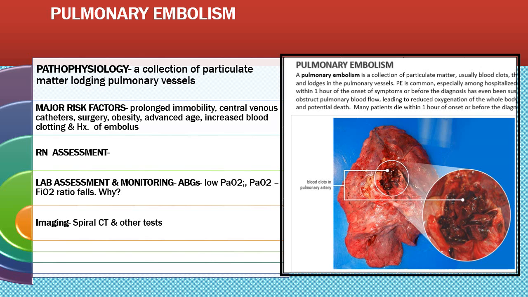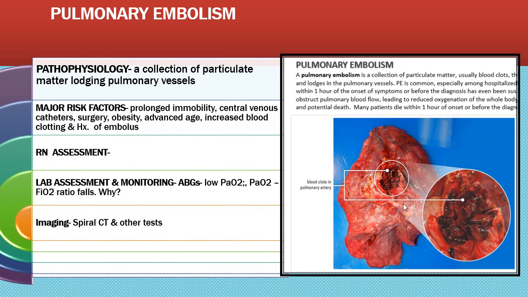A large embolus obstructs pulmonary blood flow, leading to reduced oxygenation of the body, pulmonary tissue hypoxia, and death, as pictured in this diagram here for us to review. Remember that diagnosis should be prompt and interventions should be prompt to decrease high mortality rates.